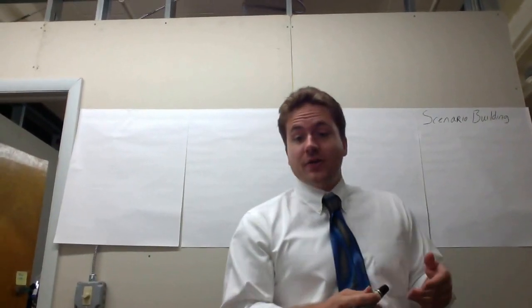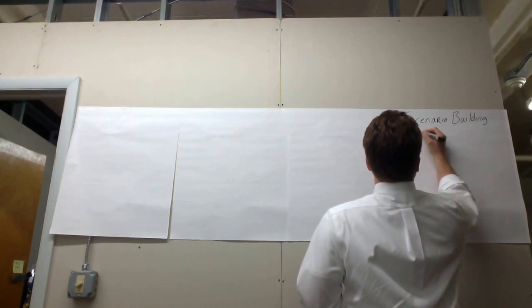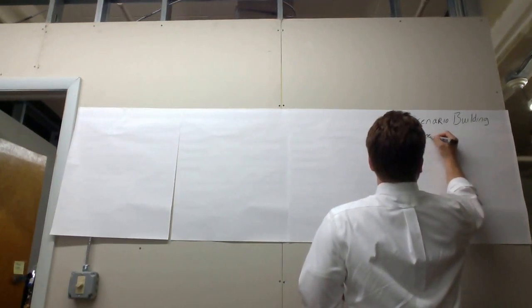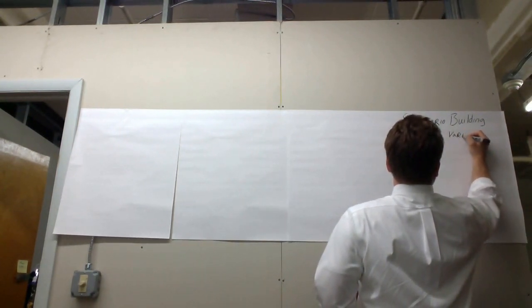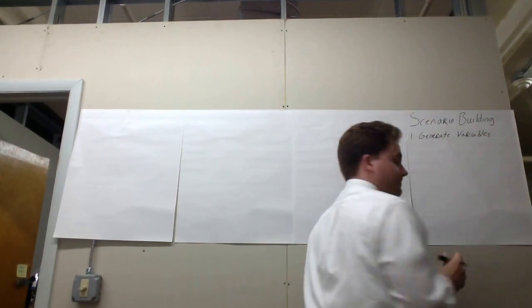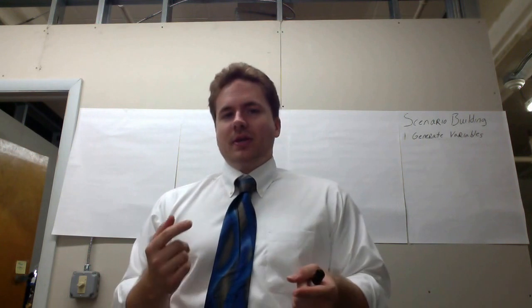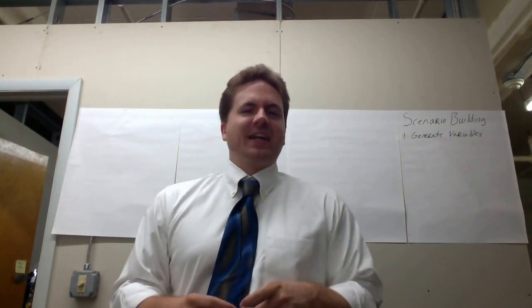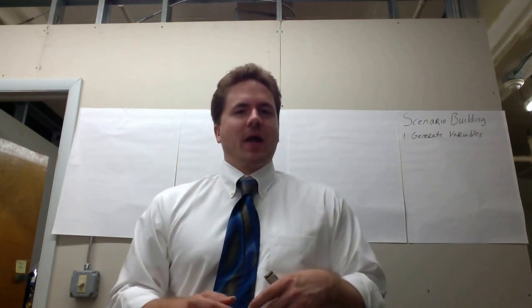So first of all, you have to generate variables. Intuitively, you all probably can generate variables just by thinking a little bit, about what might or might not be in a given reality.